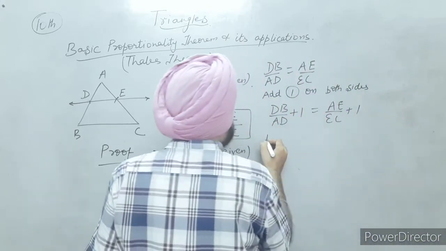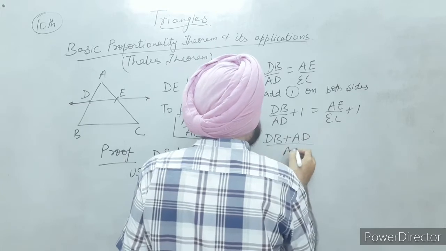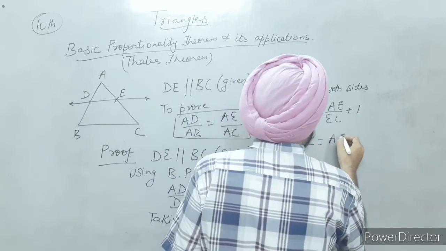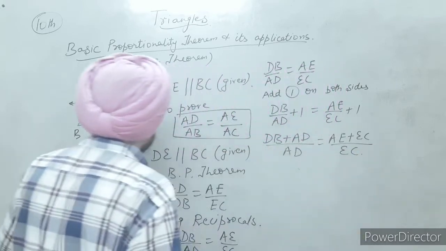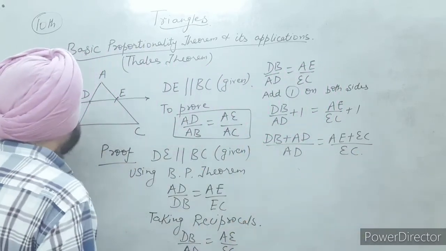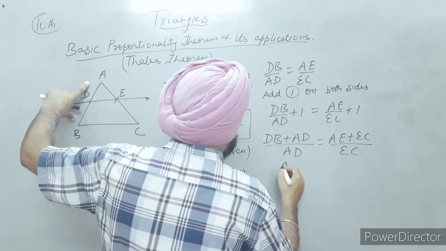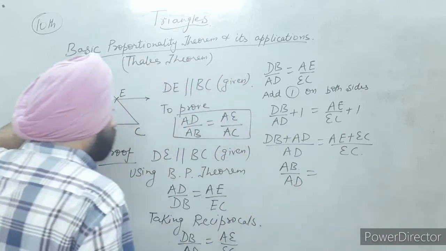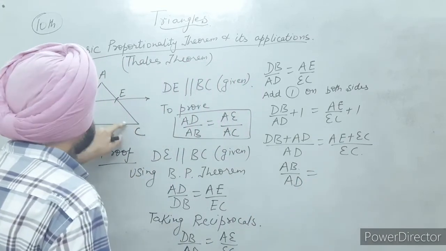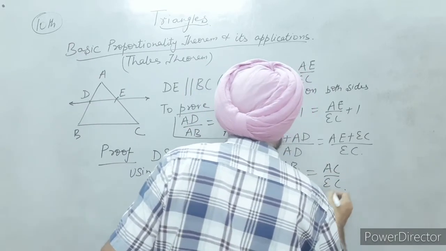Now take the LCM, I get DB plus AD upon AD is equal to AE plus EC upon AE. That is DB plus AD, it is AB, so I write AB upon AD. This is equal to AE plus EC, which is AC, upon AE.